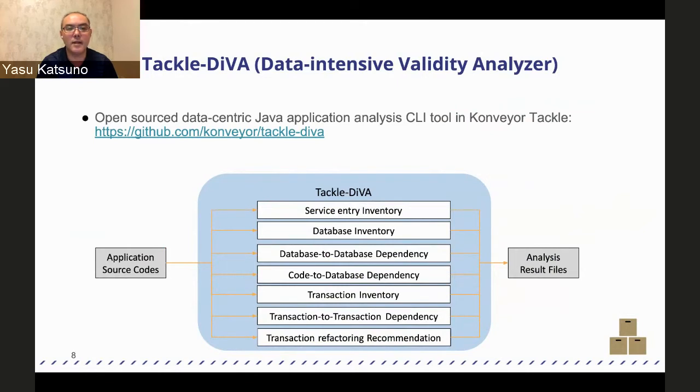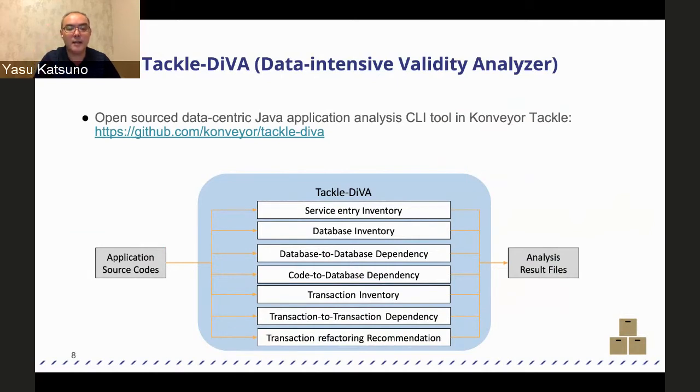Data-centric shows DiVA's characteristic. What is data-centric? We have two target resources and three target analysis viewpoints. The two resources are database and transaction. The three are inventory, dependency, and recommendations.